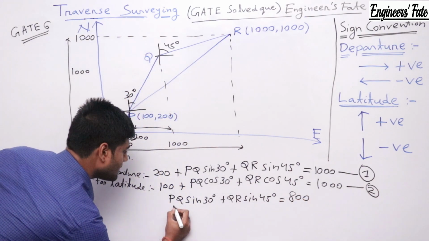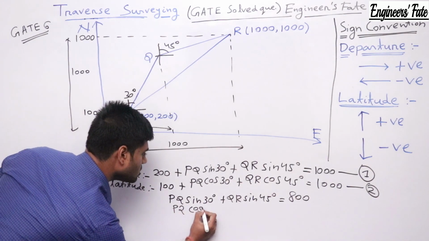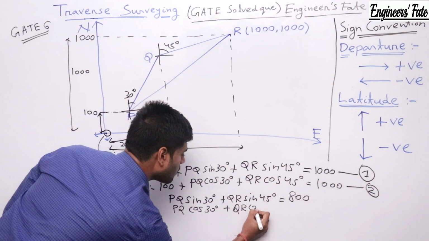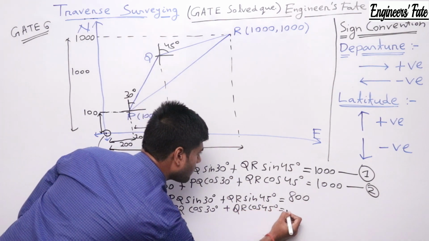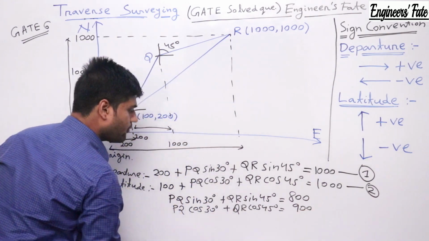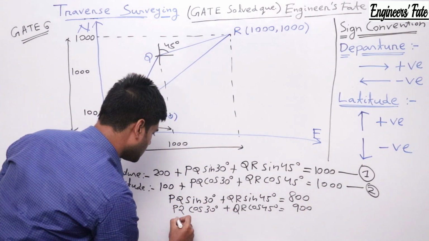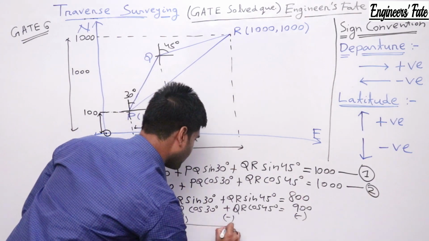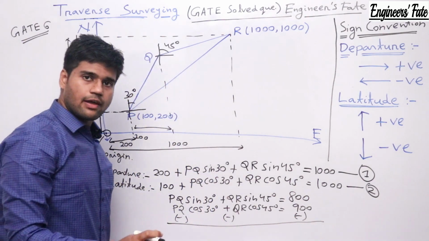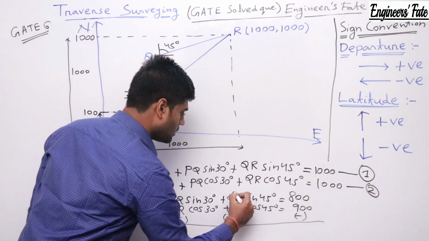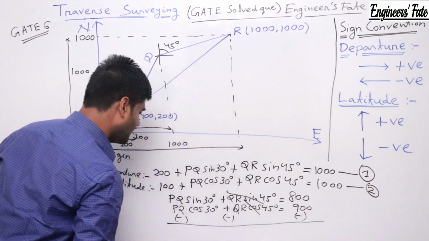The next thing is that PQ cos 30 plus QR cos 45 equal to 900. So if I subtract both, you can see that the sin 45 value and cos 45 value both have equal values. So this term will get cancelled.